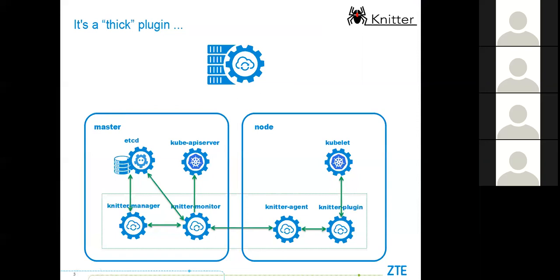Then, when the agent gets the IP and other information from the monitor, it will do the real attachment work. For example, creating interfaces, writing flow tables, and attaching the interfaces to the pod network namespace.